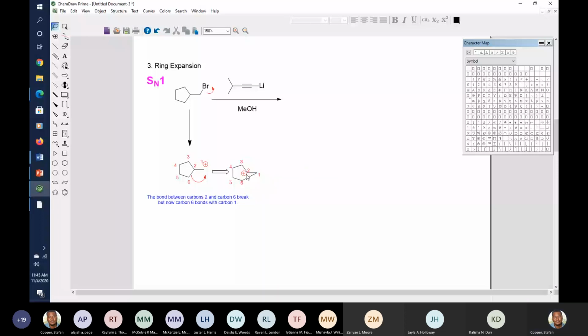Right? Now, the way that most people would draw this, and hopefully you guys will see this, and this should make sense here shortly, is this is the same thing as saying a 6-member ring. Let's go ahead and copy our numbers back over here.